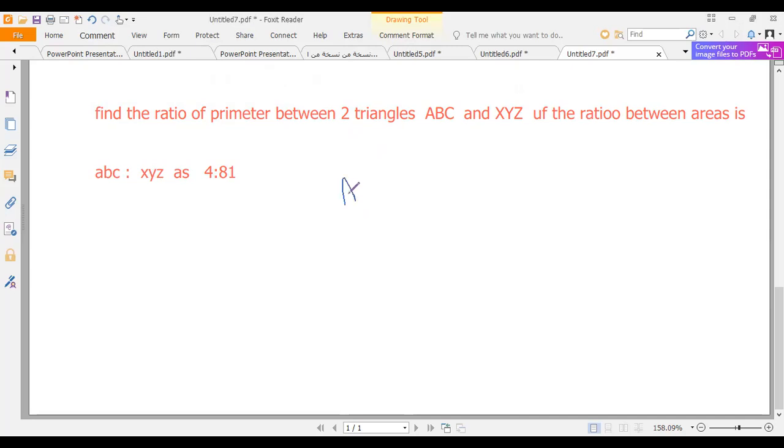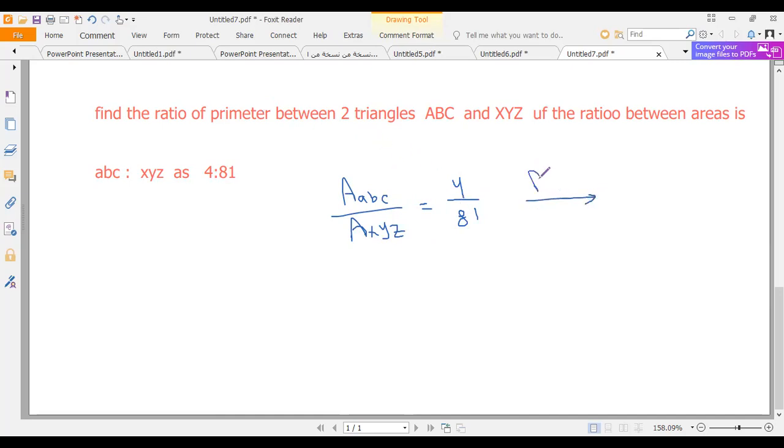So the area of ABC to the area of XYZ will be equal to 4/81. Now if I want to find the ratio of their perimeters, which is equal to the ratio of similarity, I have to find the ratio of similarity.